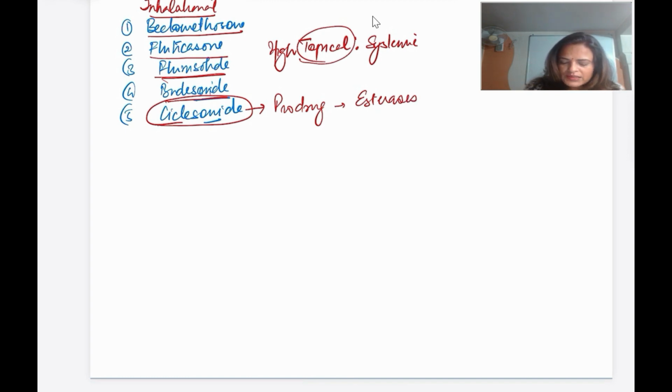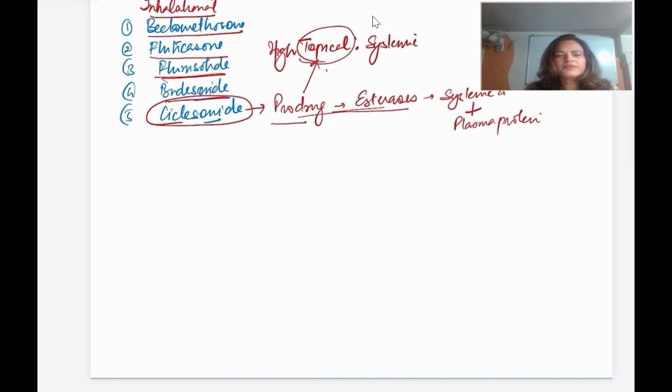So it acts directly on the site, and whatever little bit is absorbed systemically is bound to plasma protein. So this drug, ciclesonide, has the highest topical to systemic activity.